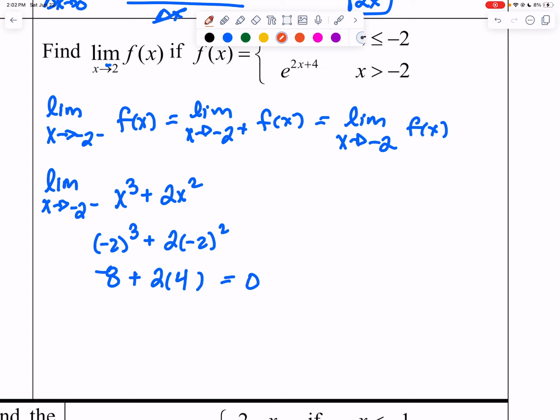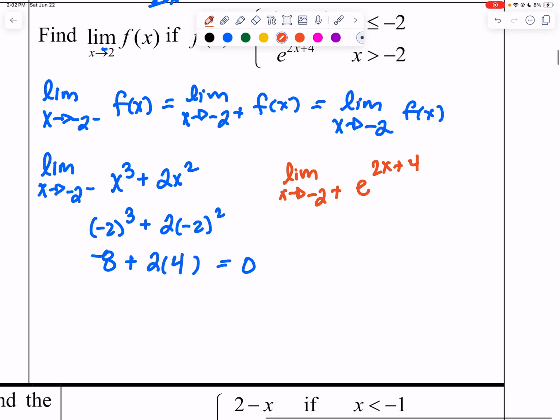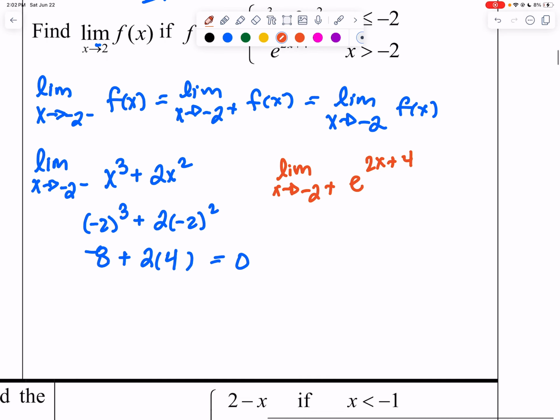Now my second part is looking at my right side limit. So my limit as x approaches -2 from the right. This needs to be 0. If it's not, then the limit as x approaches -2 does not exist. So I'm going to plug in -2. 2 times -2 is -4.